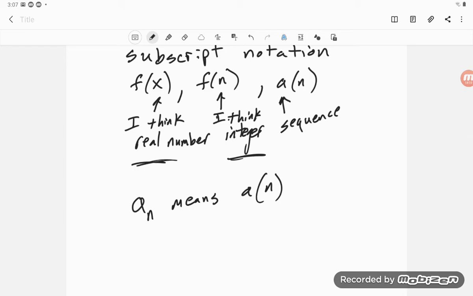Okay, it's a synonym for a of n like that. So we say here a sub n versus a of n, but again, they are synonyms in this recurrence relationship.